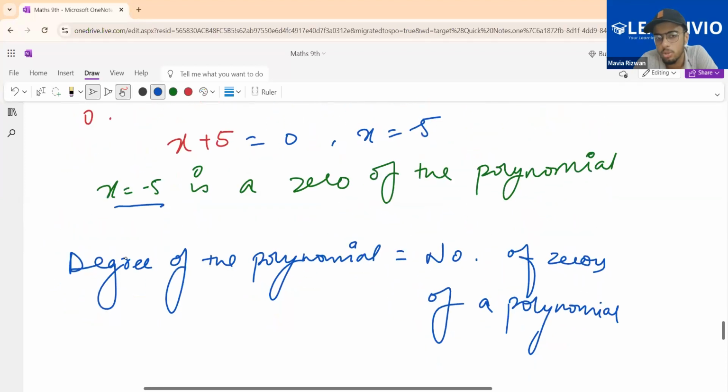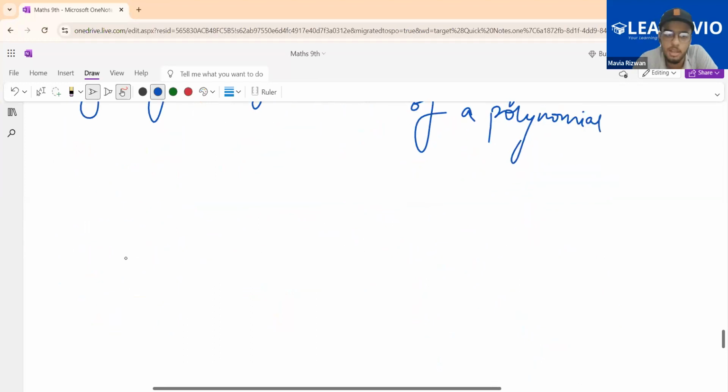Understood? I'll give you another example. Suppose I have x square minus 4. Now tell me which value will satisfy this polynomial, which means, what are the zeros of this polynomial?